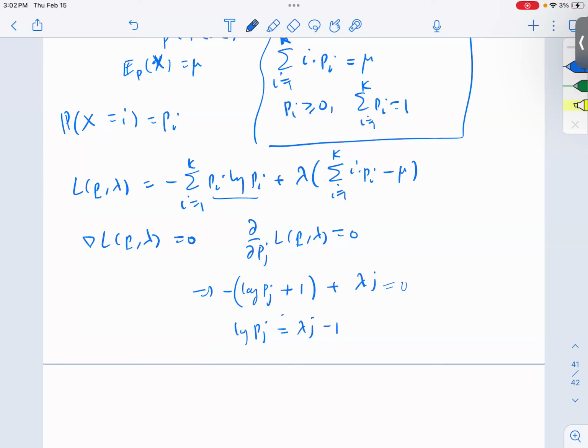And then Pj would be e to the lambda j minus 1.